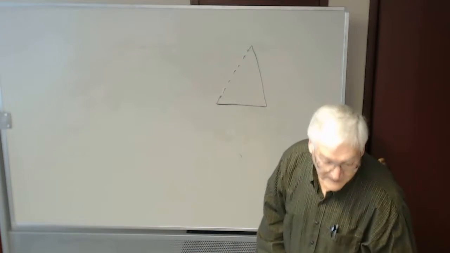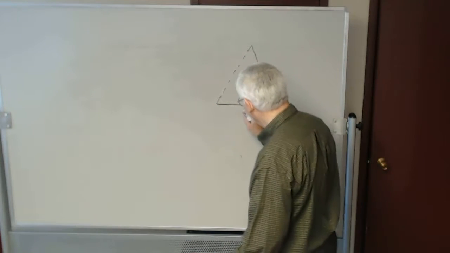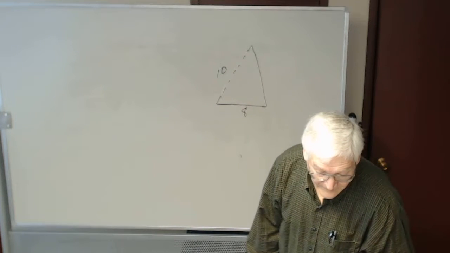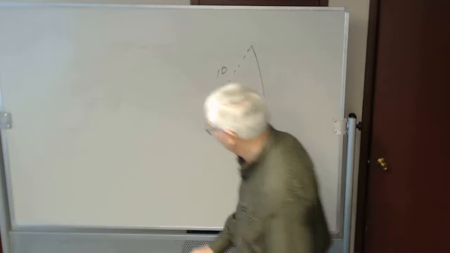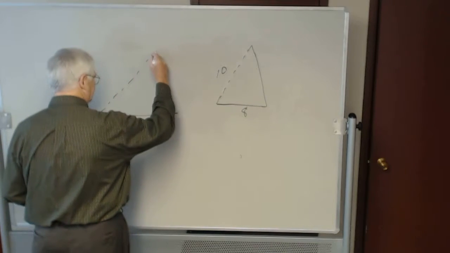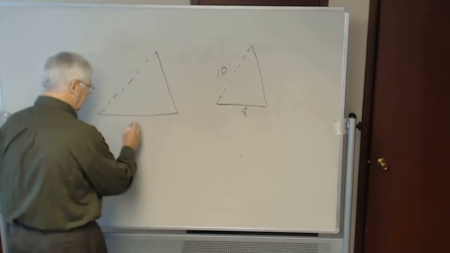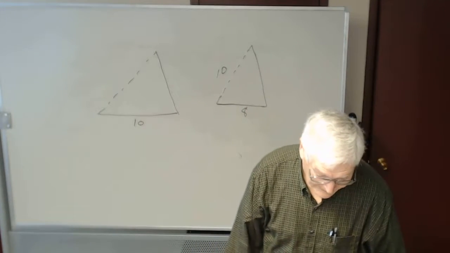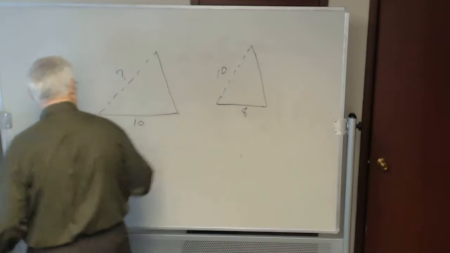And the bottom is 8, and this is 10. And over here, in the next one, this is 10, right? I copied it down right? And they want me to find this.